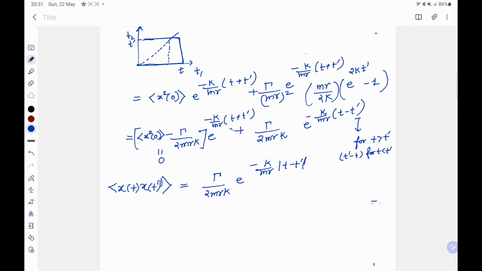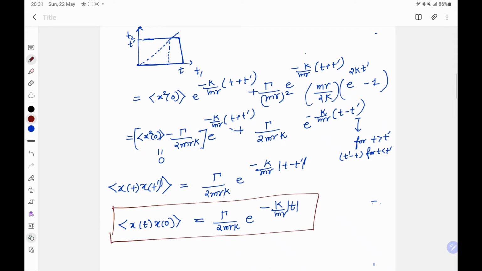Okay, so your x t correlation with x t0 will be just gamma over 2mk to the power minus k over m gamma t modulus. Okay, so this is the important result.